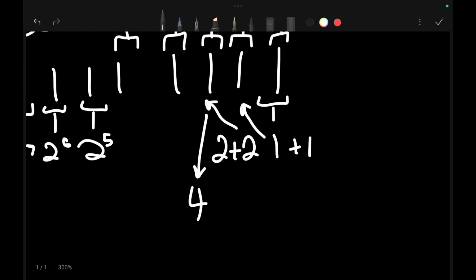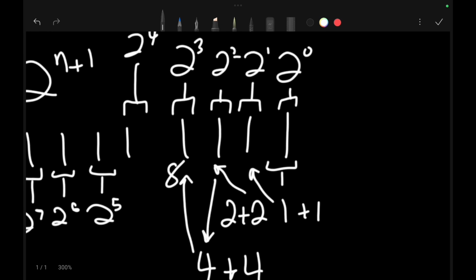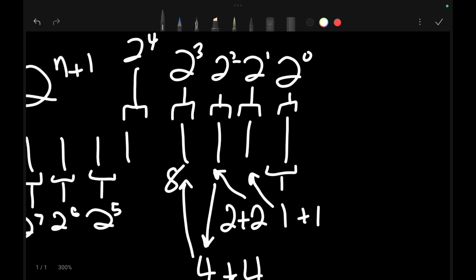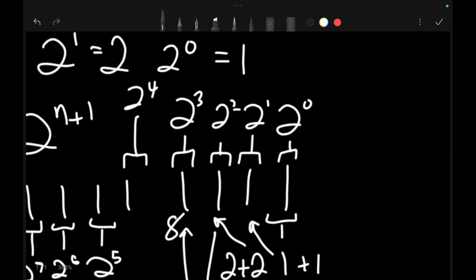So there are no differences between using the power or using this method, but it depends on how you think about it. No matter how many times you add 4 plus 4, it will always be the same as how the power says. 2 with the power of 3 is equal to 8.